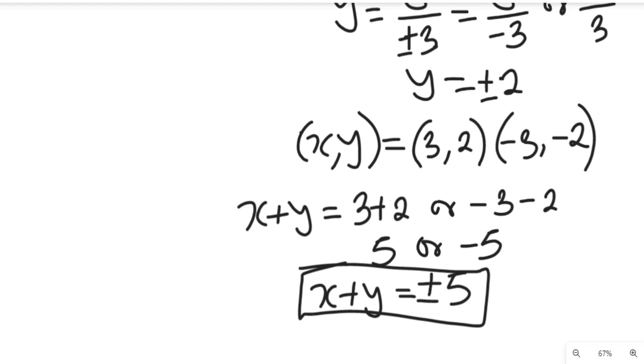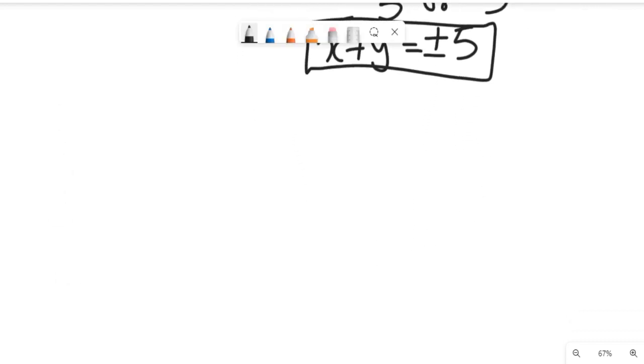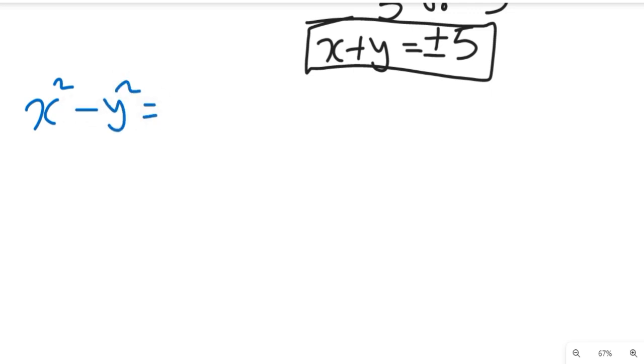Now to use our method 2, we should remember the question we are given. We have x squared minus y squared equal to 5, and xy equal to 6.